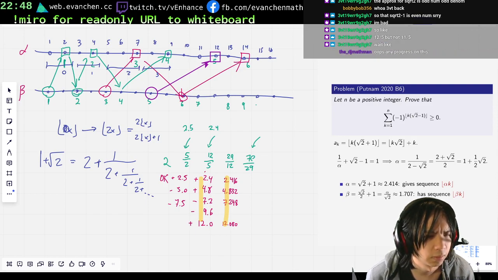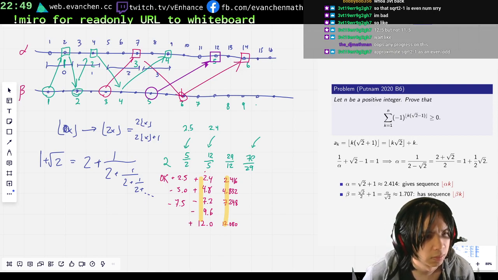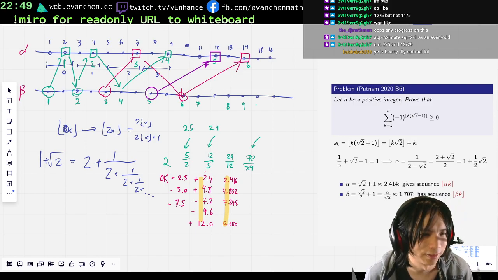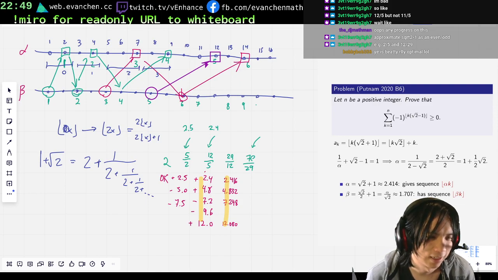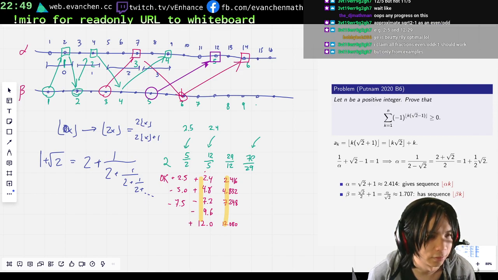I'm not sure what you're suggesting. I just grabbed the Beatty because I didn't know what else to... I don't know. Claim all fractions even over odd less than 1 should work.